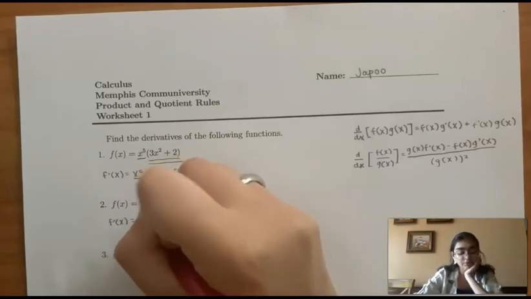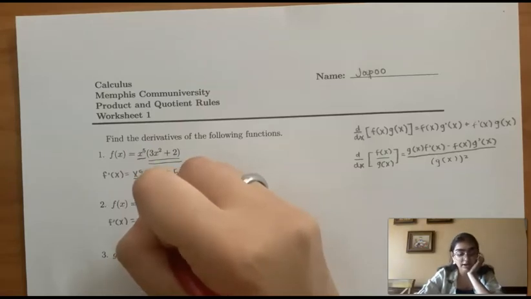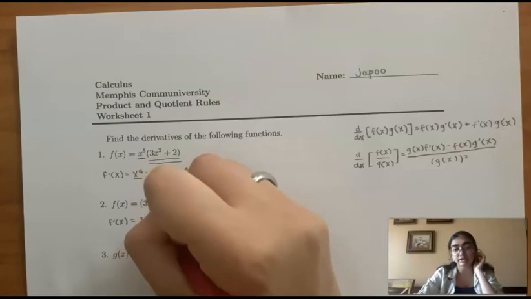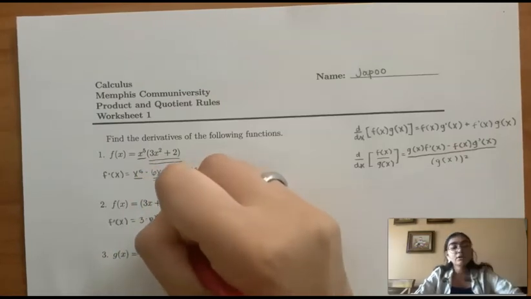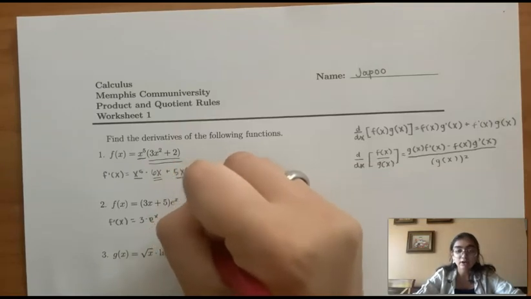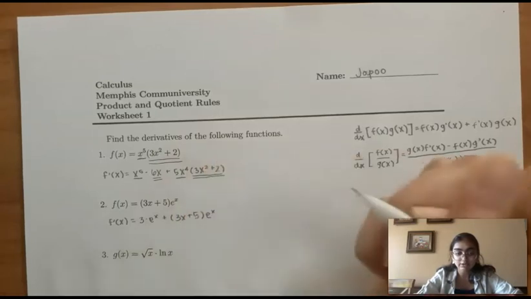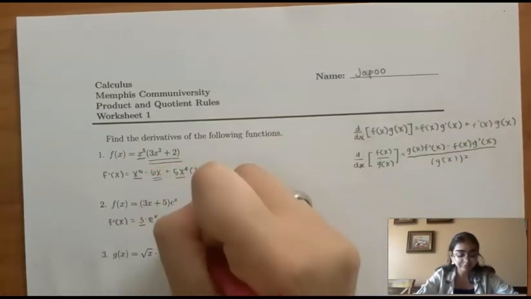So I took the derivative of the first component, 3x plus 5 first, which gave me 3. And then I left e to the x, which is the second component, the same. And then this time I kept 3x plus 5 the same and took the derivative of e to the x, which is just e to the x.